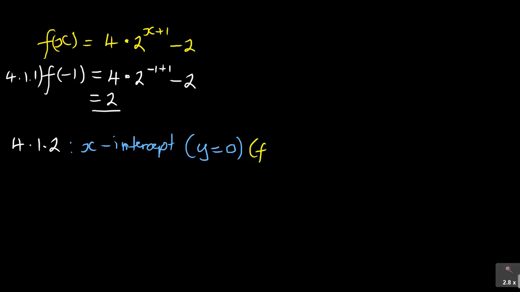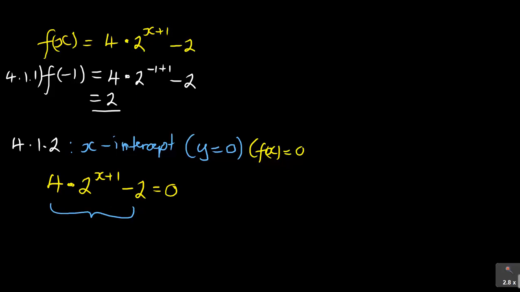In this case, f of x, which is y, will be equal to 0. So you have 4 times 2 to the power of x plus 1, minus 2, and you equate that to 0 because this part represents my f of x.